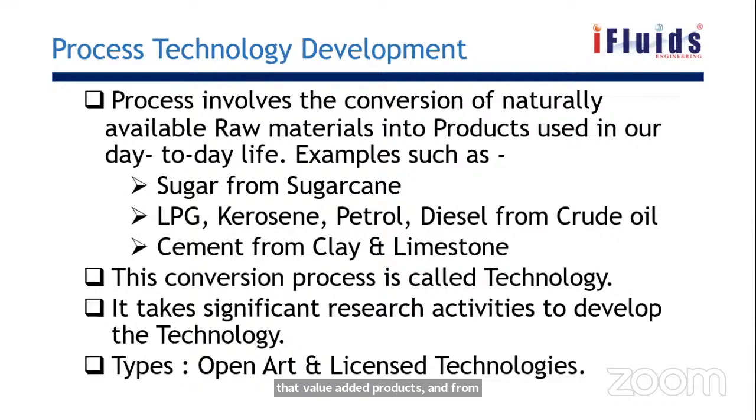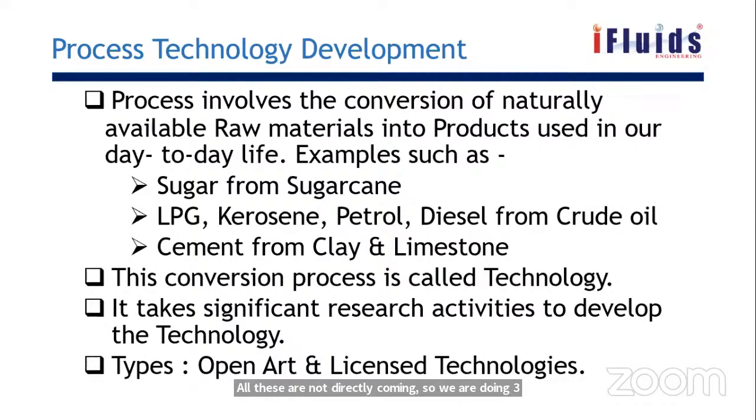We make the product through a set of stages, sequential steps, and then arrive at the final product. This we call a process in chemical industries. Sugar from sugarcane and LPG from crude oil do not come directly, so we do it through a set of processes.